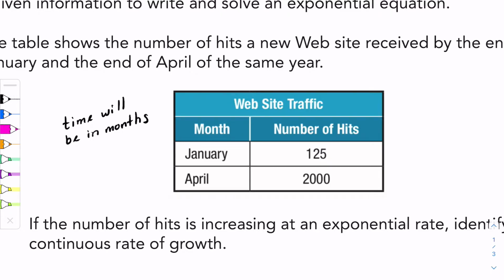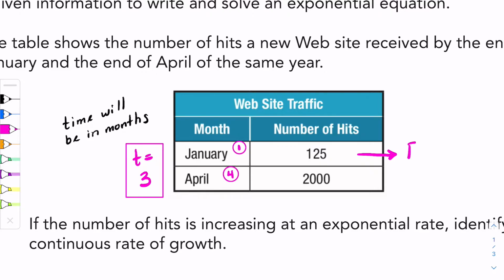And more specifically, we're going to look at January being month 1 of the year and April being month 4 of the year. The time between these two values is 3 months. So we're going to use 3 for our value of T. 125 is the starting amount of hits, so that's your initial amount.